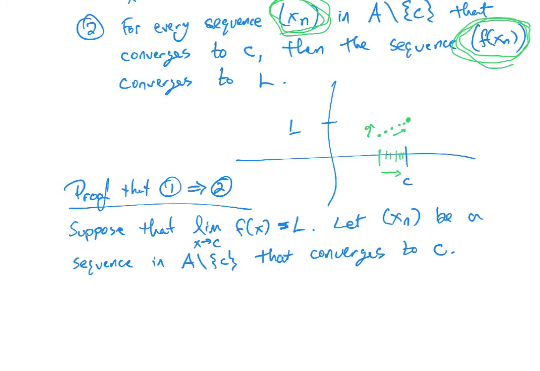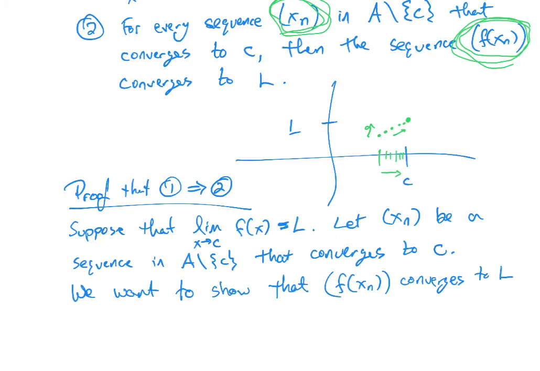Okay. And it wouldn't hurt to write down what we'd like to do. We want to show that the sequence f of xn converges to L. Again, that's what we would like to show.